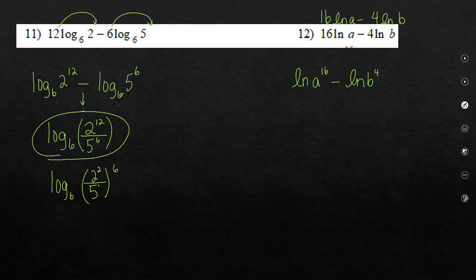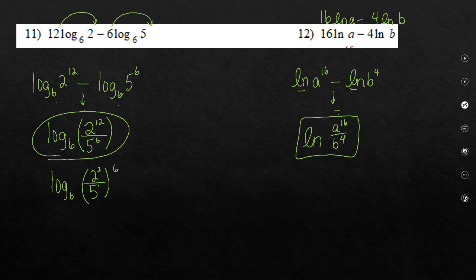So we have the natural log of a to the 16th minus the natural log of b to the 4th. Natural log is base e, log base e, so those are good. Subtraction gets condensed with division. So I can condense it to be natural log of a to the 16th power divided by b to the 4th.